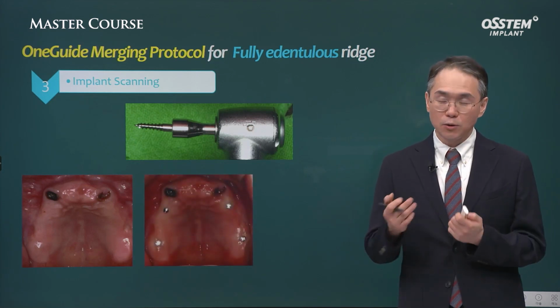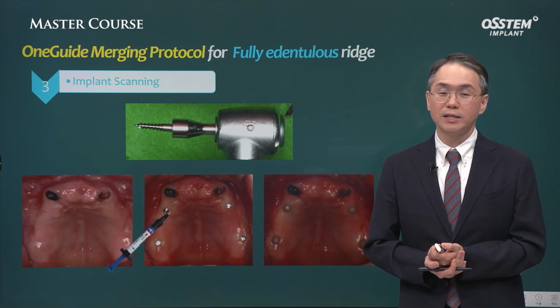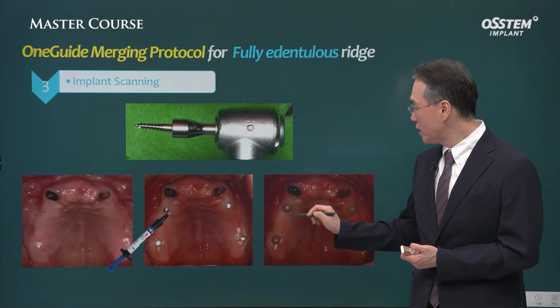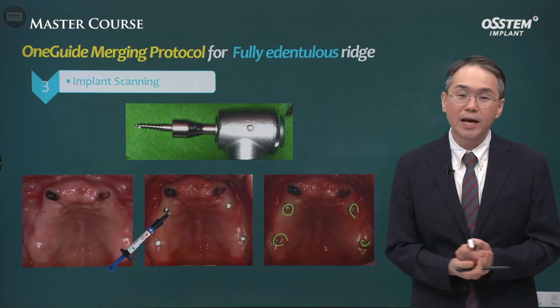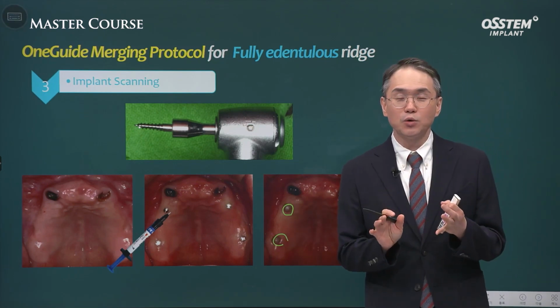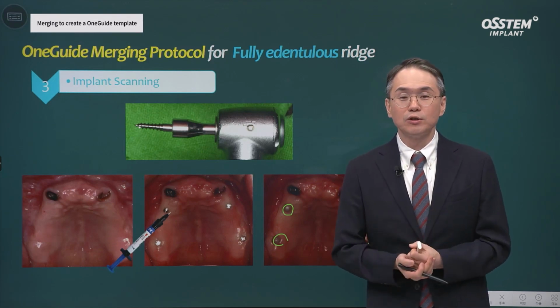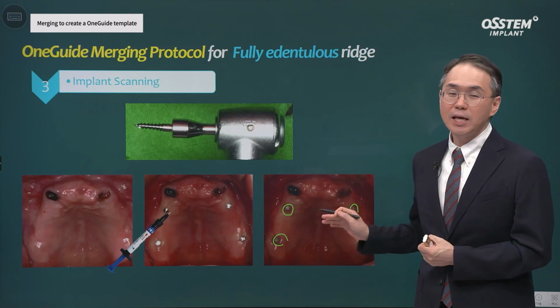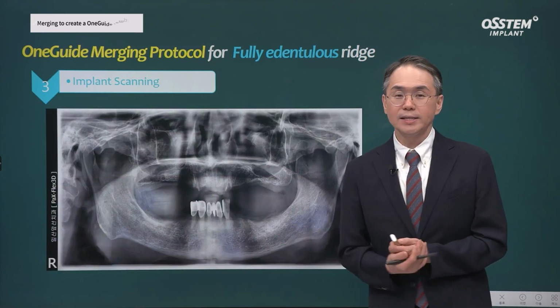You do not need to place it full depth. If you have fixation, you can stop, and then using flowable resin, you can add a radiopaque marker. I prefer making 4, although people say 3 to 4 are fine. Because if one of them does not have good fixation and cannot be used as reference for merging, you can use the rest of the 3.